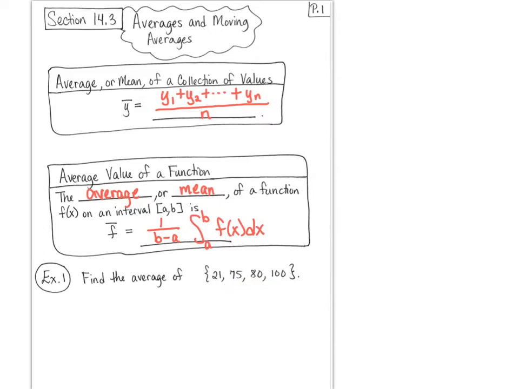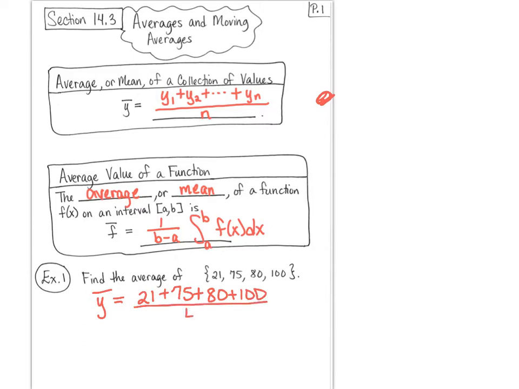So here, in this set, we have 4 values. Well, we are in this case right here. So, to do that, we need to find y bar. Y bar is going to be 21 plus 75 plus 80 plus 100 all over, how many values do we have?